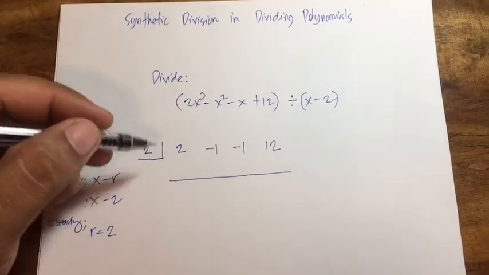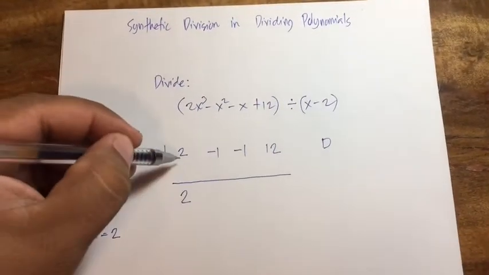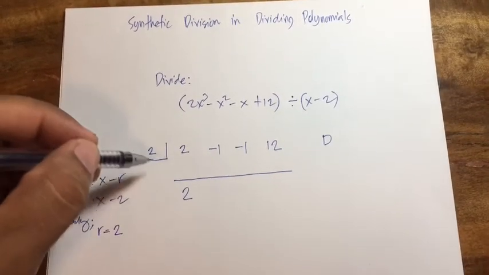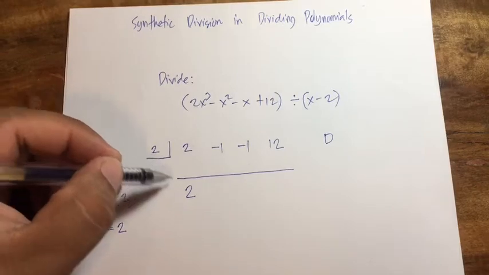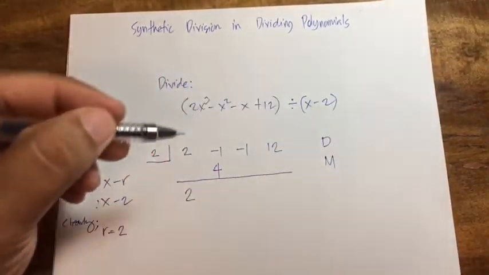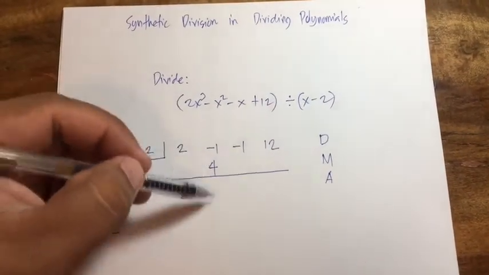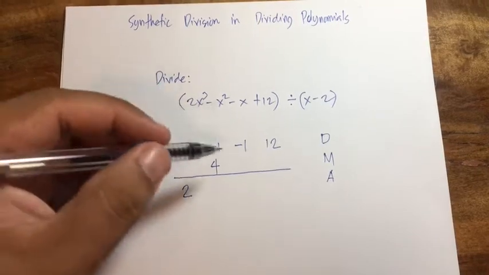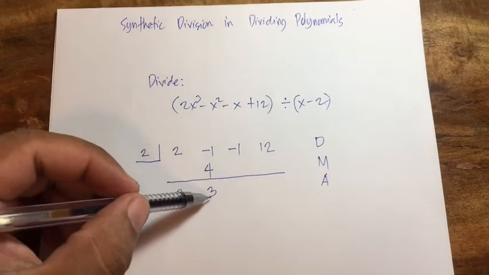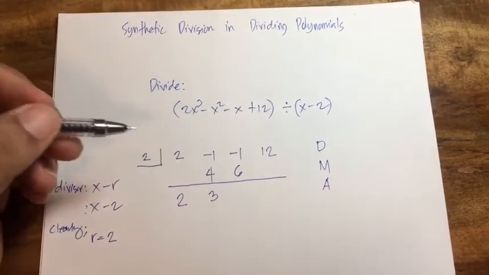So what we did earlier is we drop 2. After dropping 2, we will multiply this 2 with our value of r. So 2 times 2 is 4. Then we will add in the second column. Negative 1 plus 4 is of course 3. Then with this 3, multiply 3 times 2 is 6.